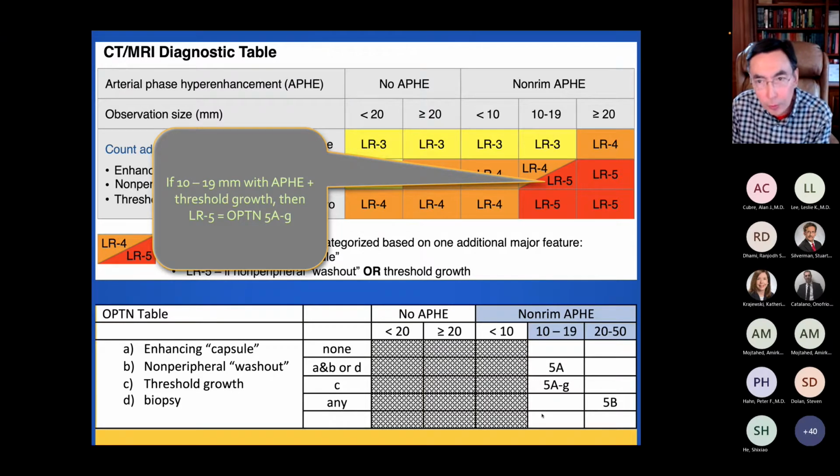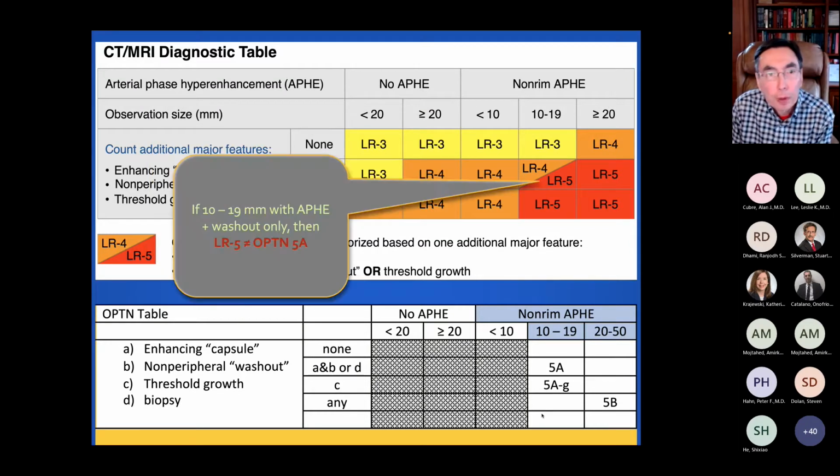If there's threshold growth, then it's the same. LR5 is what's called a 5A-G in OPTN. If you have a 10 to 19 millimeter observation with arterial phase hyperenhancement and washout only, this is the one time where what we call LR5 would not get a 5A classification in OPTN. So that's kind of a quirk that still is a difference between the two.